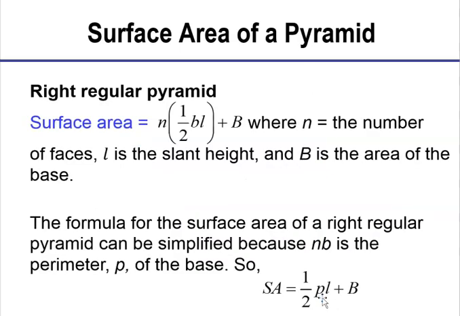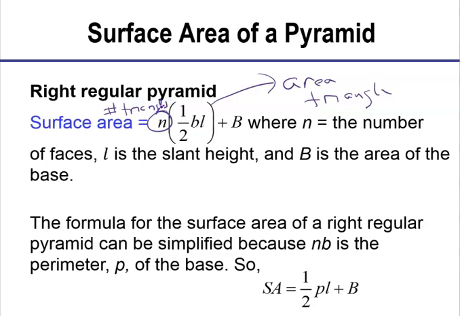Okay, let's keep going with this. So the surface area is going to be N times 1/2 BL. What in the world is that? Remember, 1/2 BL is 1/2 the base times the height. So y'all, this is nothing but the area of your triangle. What's the N? That's the number of triangles that you have, or the number of sides of your base.